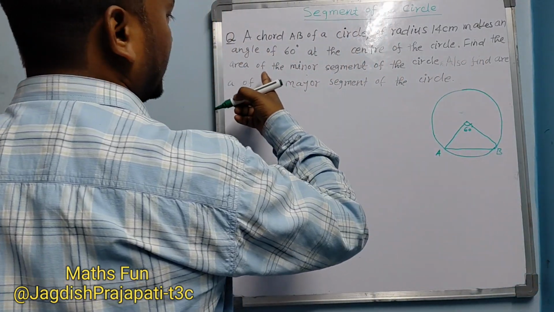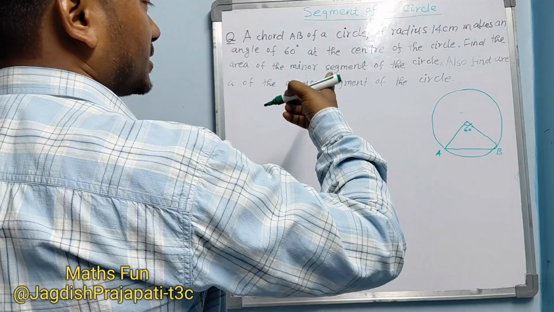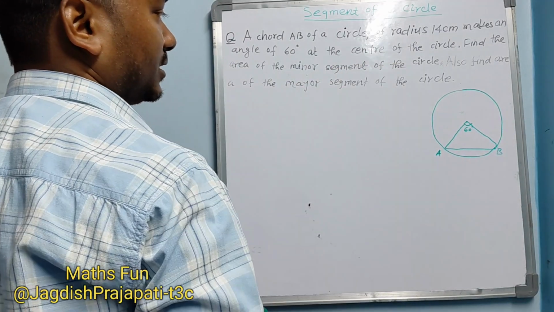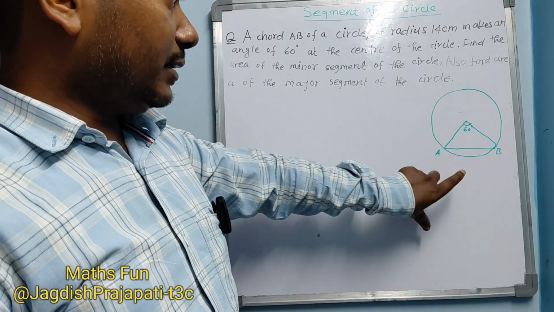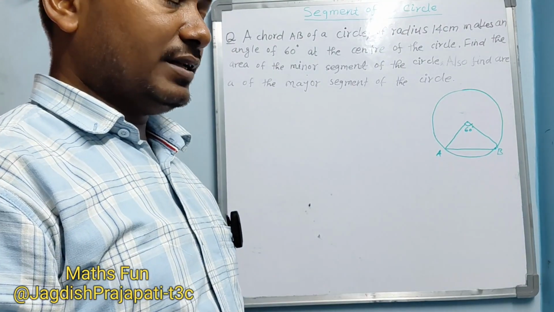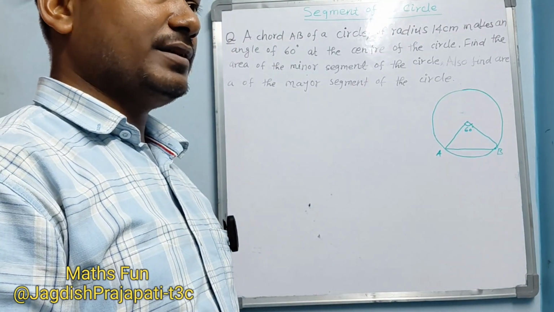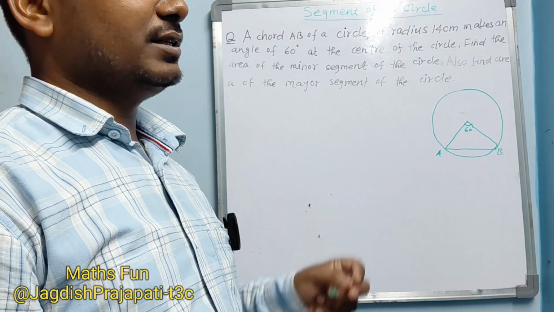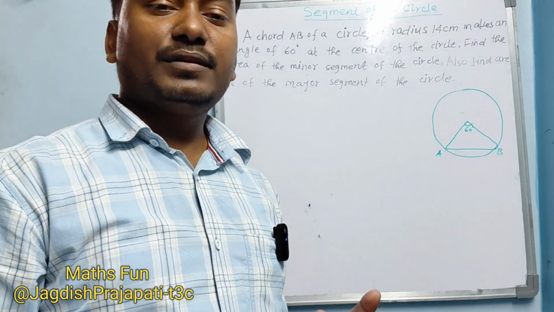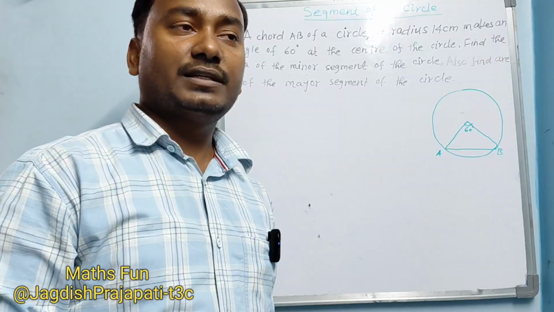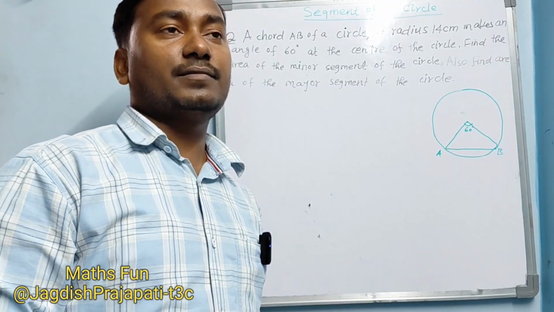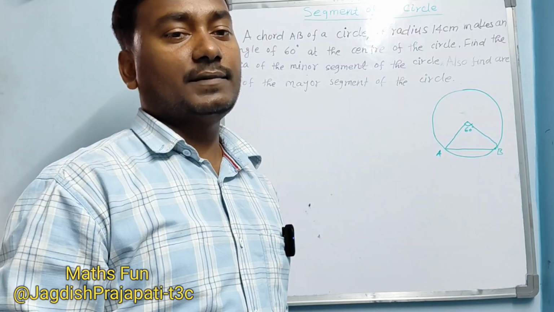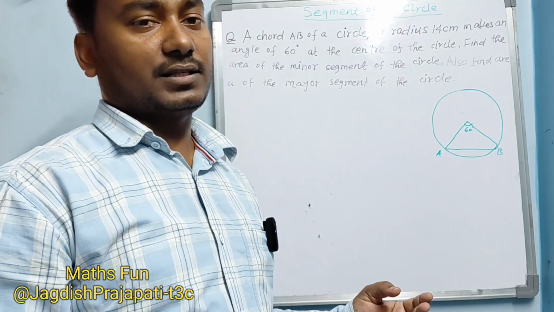Then we have to find the area of the minor segment and the area of the major segment of the circle. The area of the minor segment plus the area of the major segment will be equal to the area of the circle. So once we get the area of the minor segment, we can find the area of the major segment by subtracting the area of the minor segment from the area of the circle.